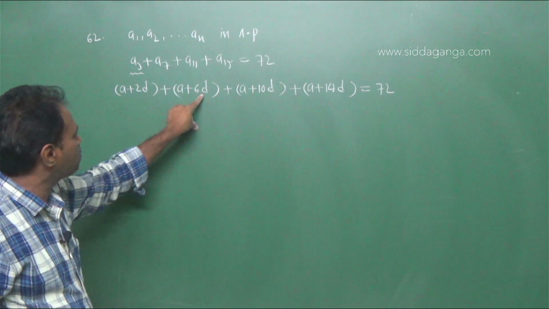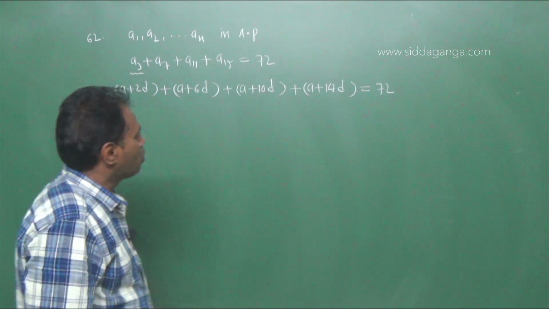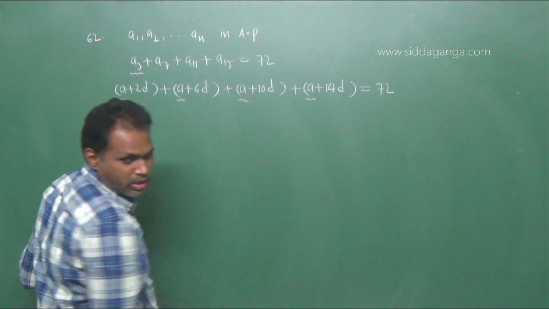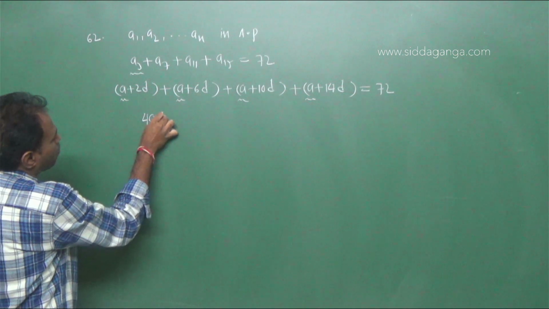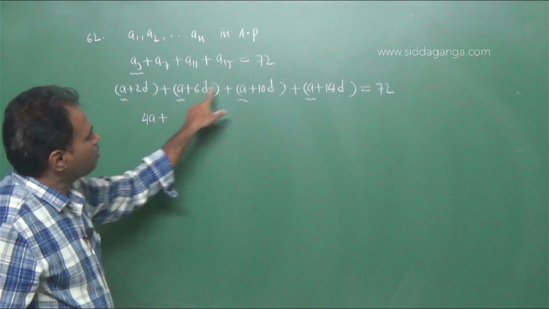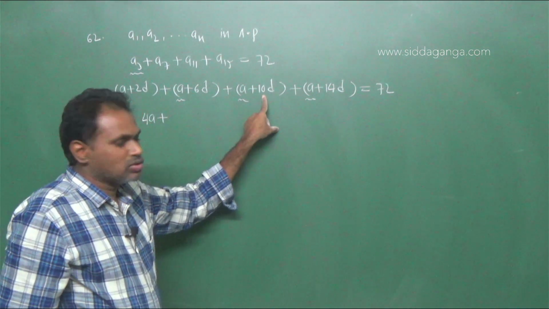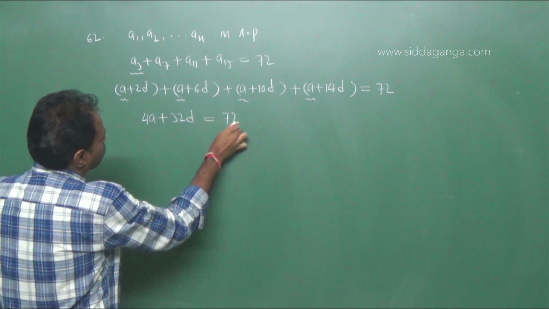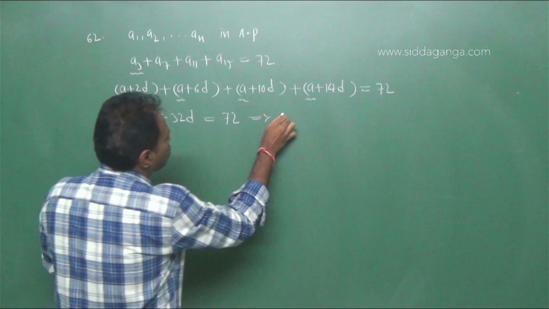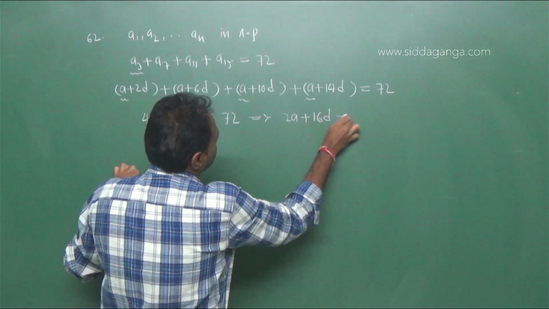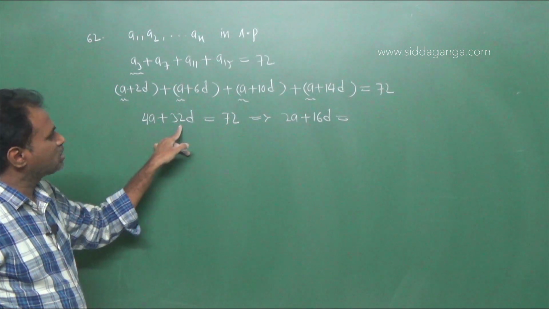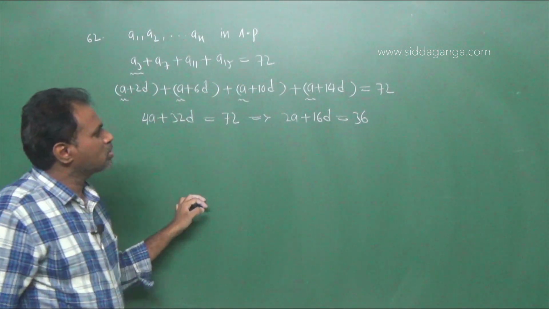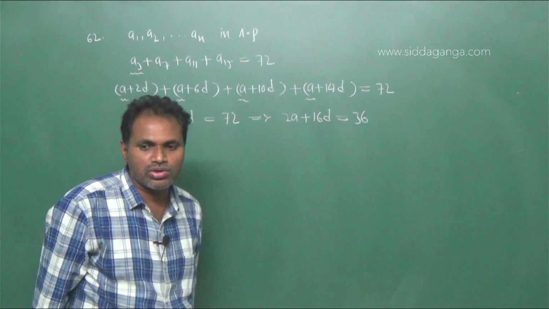So a plus 2d plus a plus 6d plus a plus 10d plus a plus 14d equals 72. There are 4 a's in total, so 4a, plus 2d plus 6d plus 10d plus 14d, that is 32d, equals 72. Taking 2 common, 2a plus 16d equals 72 by 2, which is 36. Therefore 2a plus 16d equals 36.